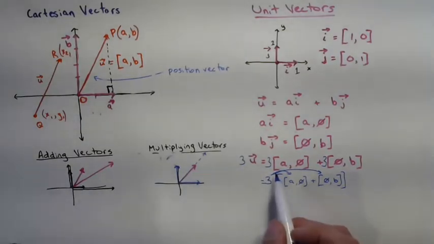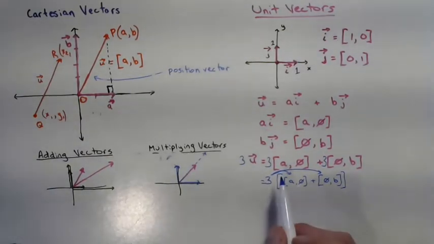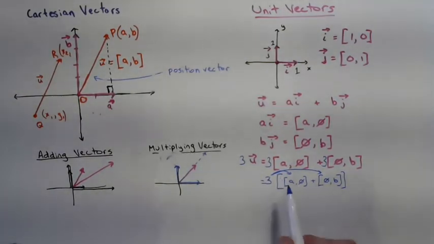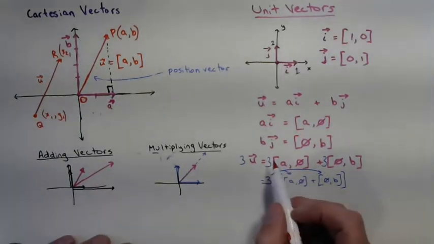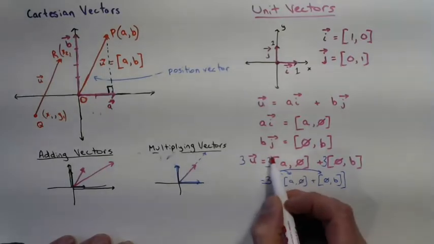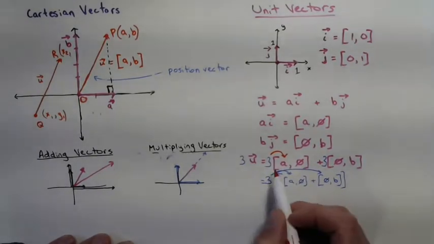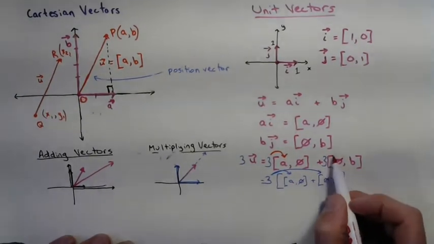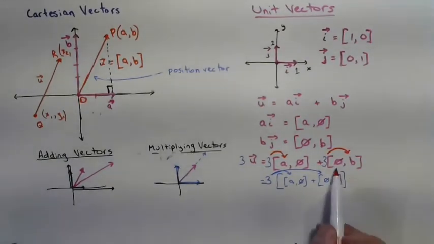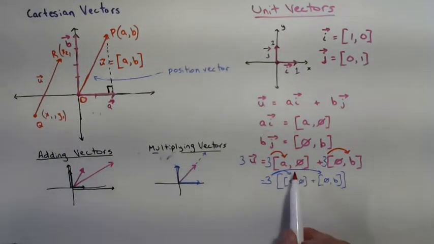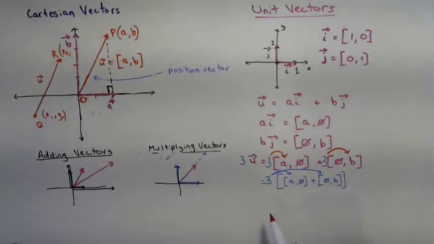That would work out to give me my component vectors, in which I would also then be able to distribute. It's again a bit messy here. You'll see it better in an example. I can distribute this 3 to the a to give me 3a, and I give this 3 times the b to get 3b. 3 times 0 is 0, 3 times 0 is 0. So you can see what we end up with in this case.